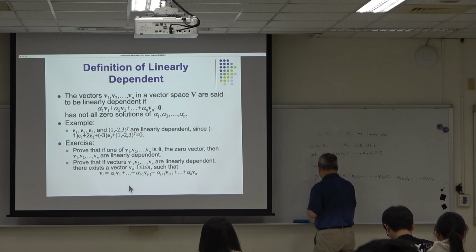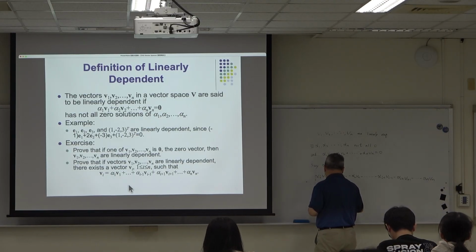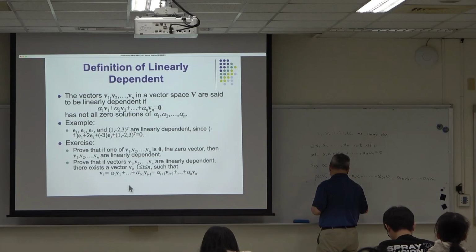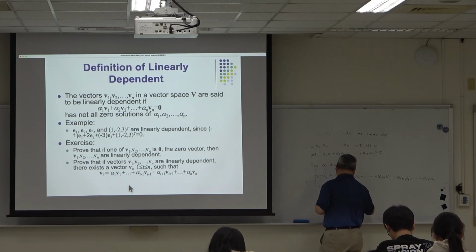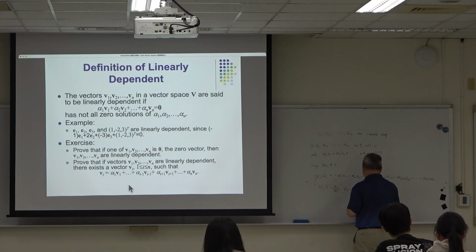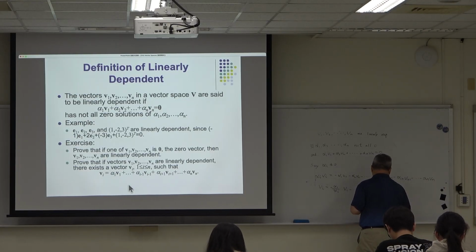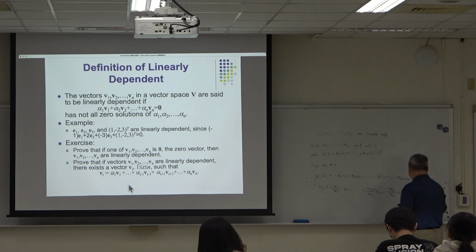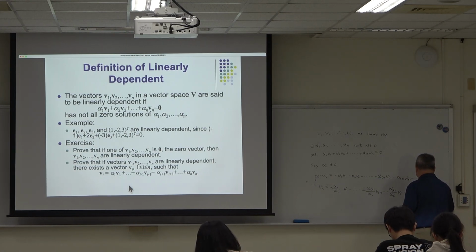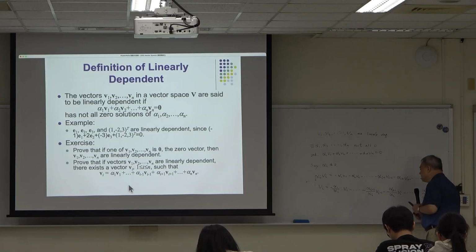So vi will be negative alpha 1 over alpha i v1, minus alpha i minus 1 over alpha i v i minus 1, minus alpha i plus 1 over alpha i v i plus 1, minus and so on, minus alpha n over alpha i vn, right?